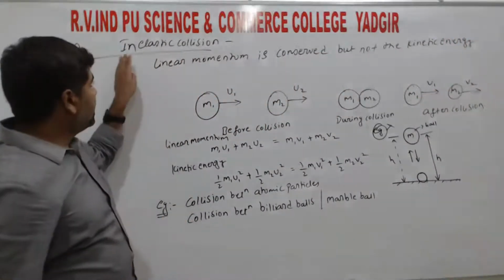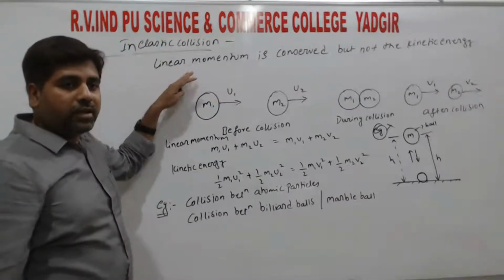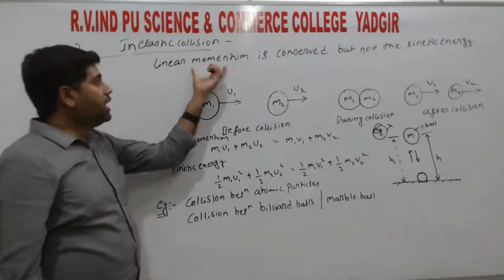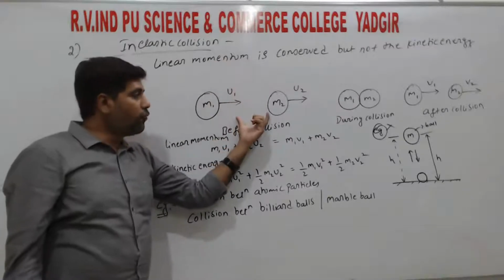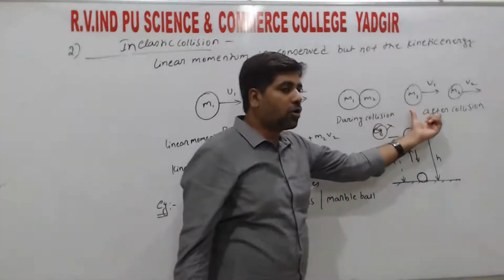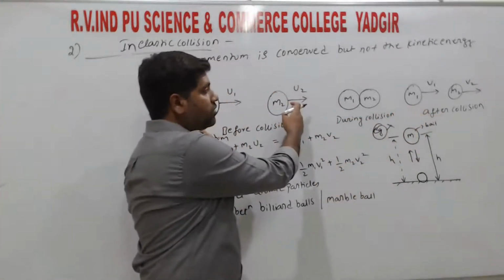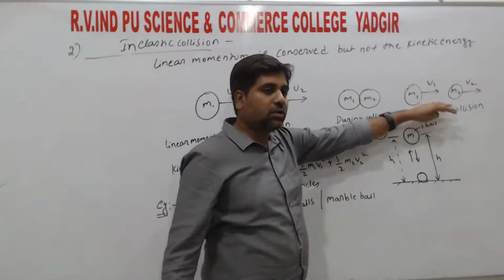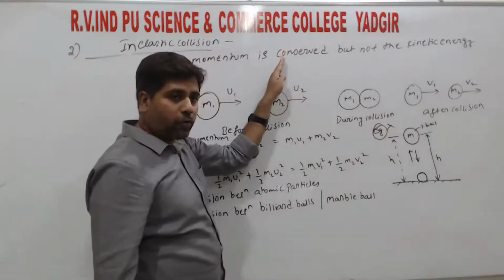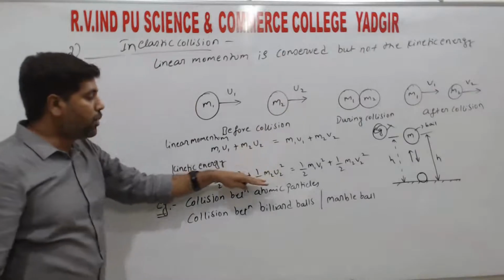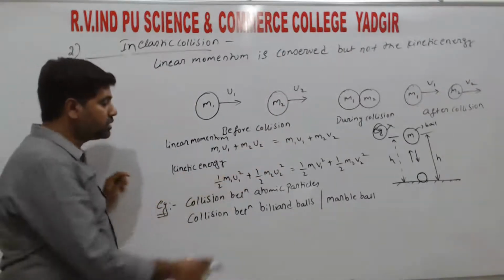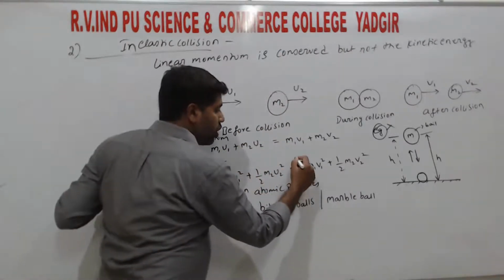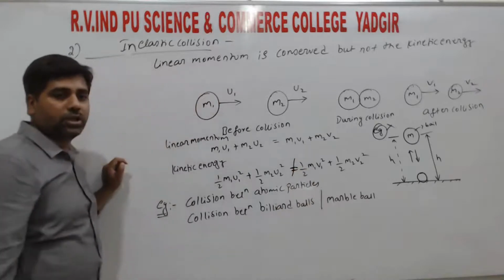So what is an inelastic collision? When we say they are inelastic, linear momentum is conserved, that means before collision equals after collision. So momentum before collision equals momentum after collision. So this condition is obeyed, but not the kinetic energy. That means before collision is not equal to after collision, right?